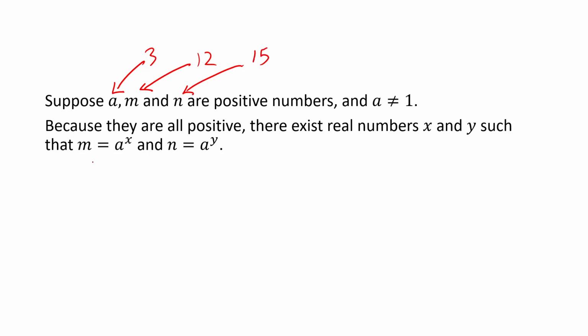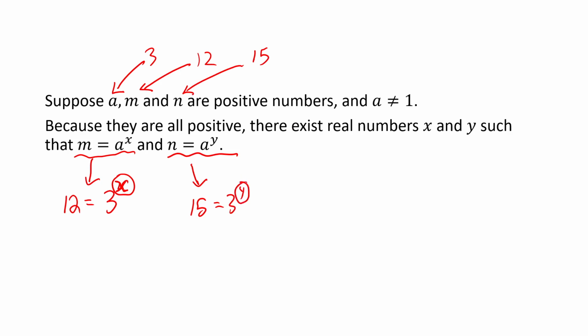Well, there will be some value of x such that m is equal to a to the x. So using our random examples above, 12 will equal 3 to the exponent x for some number x. We don't know what it is, but there is a number x that completes that. And similarly, n is equal to a to the y would be like saying 15 is equal to 3 to the y for some value y.